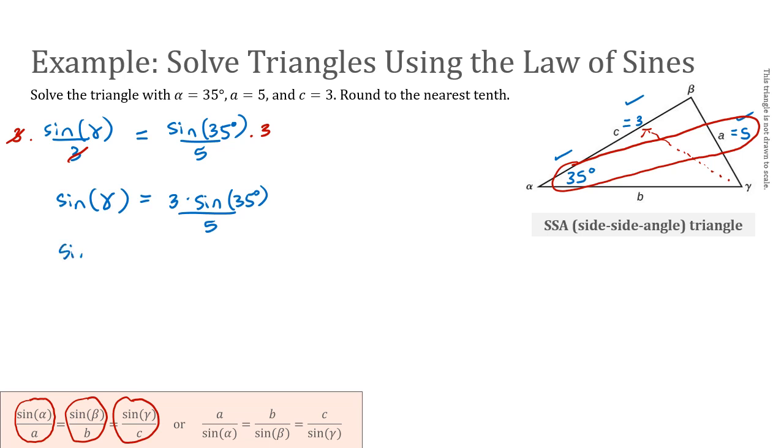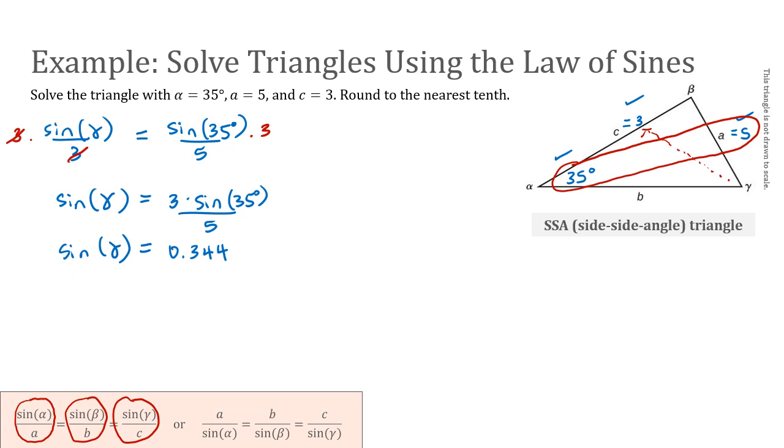Now, I don't always do this, but I'm going to put into my calculator what 3 times the sine of 35 degrees divided by 5 is, and I'll show you why I want to do that. I get approximately 0.344. Now, the reason I want to do that is because I just want to think about what the possible gamma angle could be.